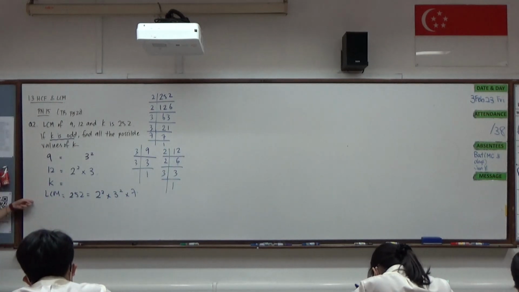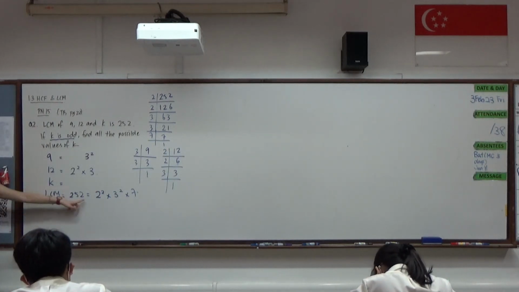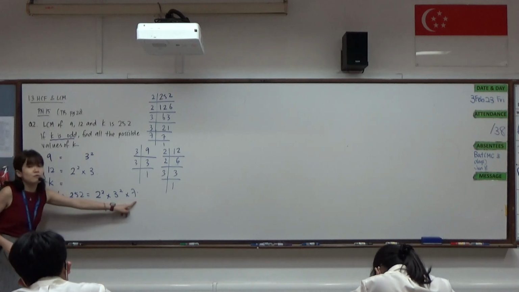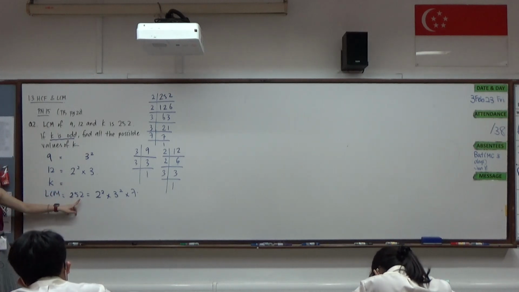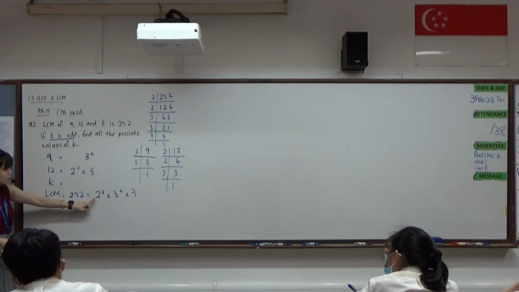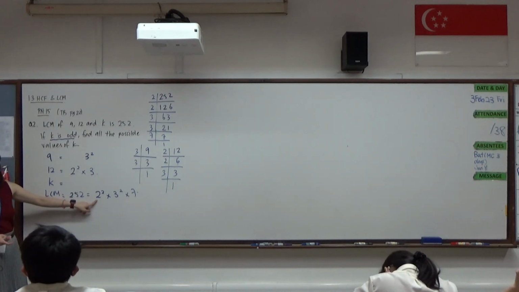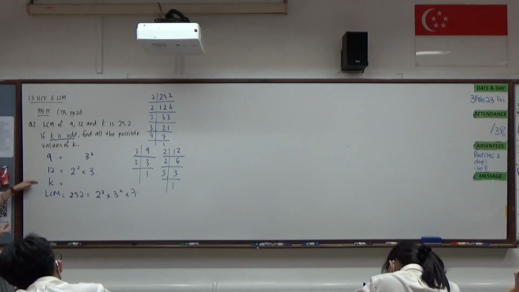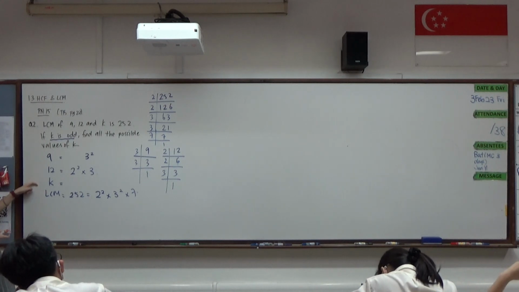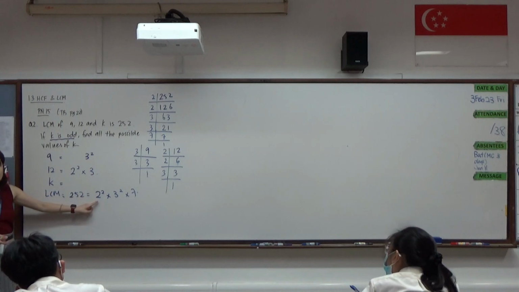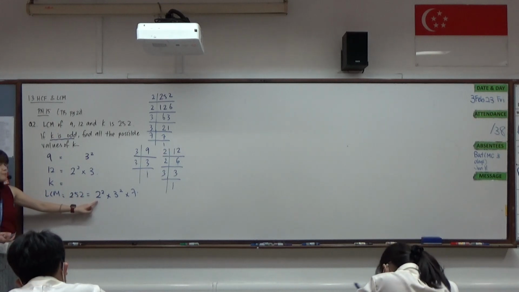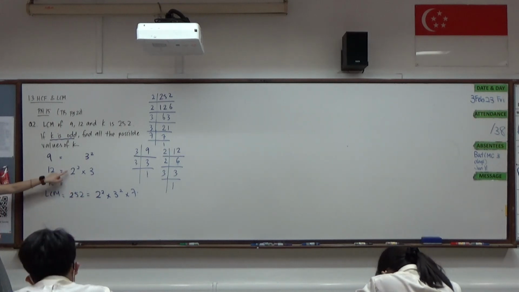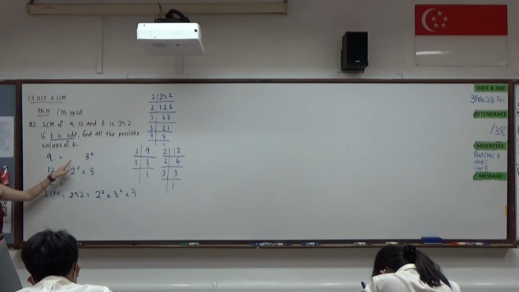LCM, if we recall, how do we get the LCM? If I want to find an LCM, now we have to work backwards. In order to get 2 squared, I look through everything and take the largest one among the numbers for our lowest common multiple. Now there is this 2 squared here already.